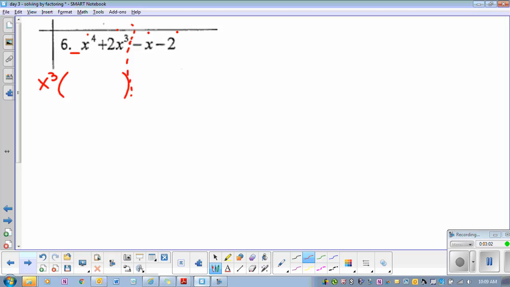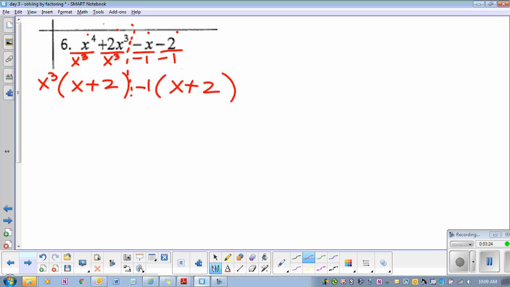X to the third on the left-hand side. X plus 2. On the right-hand side, what is my GCF? -1. So then that also gives me x plus 2.